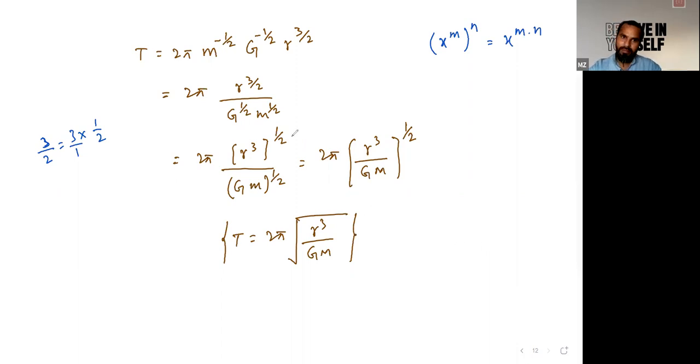Since I have to make a common exponent from all of them, and all of them contain plus half, plus half, plus half, I have just broken this particular exponent into 3 into plus half and taken out plus half common from all three parts. Okay, Rishan?